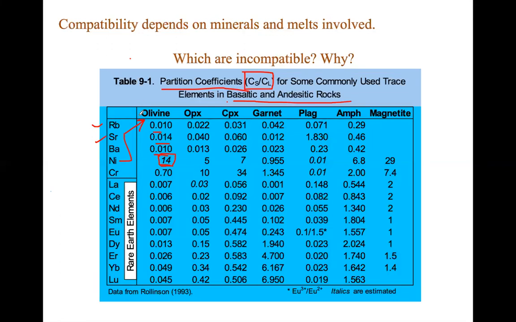If melting happens, most of the nickel will remain in the residual portion, because nickel likes to be retained in the olivine. When melting takes place, initially at the beginning, pyroxenes will tend to melt before olivine.